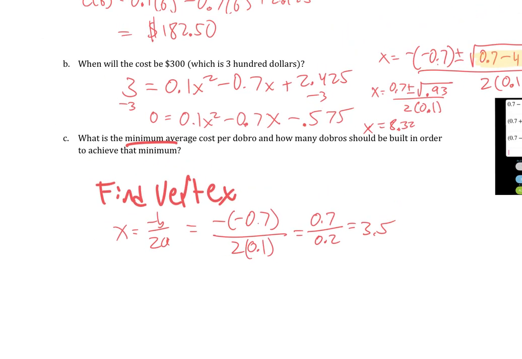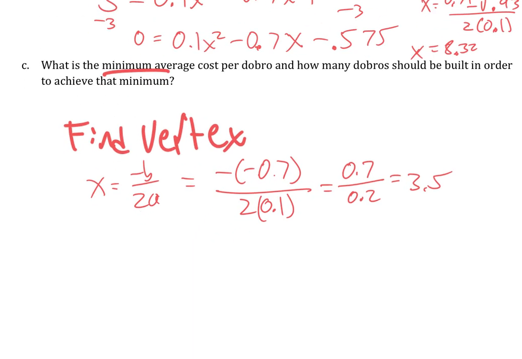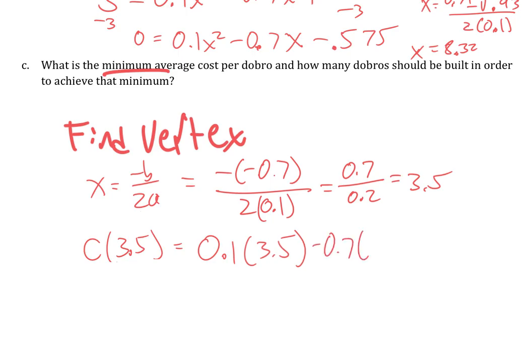So we need to find c of 3.5. If we plug that in, 0.1 times 3.5 squared minus 0.7 times 3.5 minus 0.575.